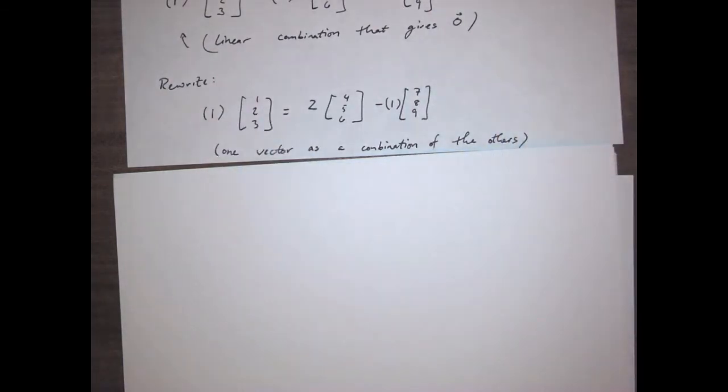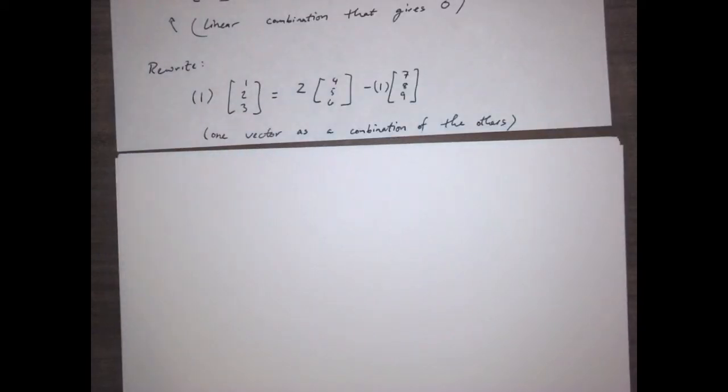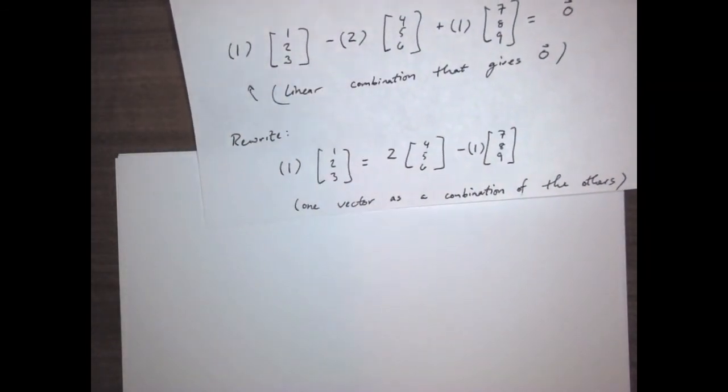It can actually be any of the three vectors. We could take it out, and we would still have the same basic plane, because one of them can always be written as a linear combination of the other two.